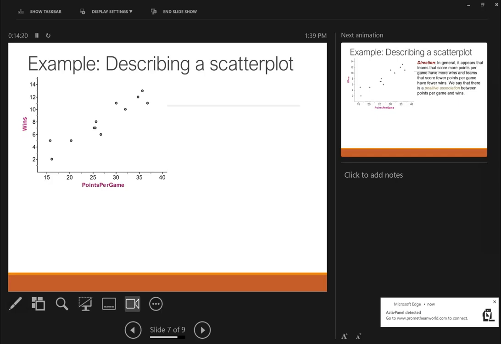Let's look at this guy here. Who can tell me the direction? Positive, good. Who can tell me the strength? Moderate to fairly, yeah, I think that's somewhere in there. I wouldn't say very because it doesn't look like a single file line. And the form.